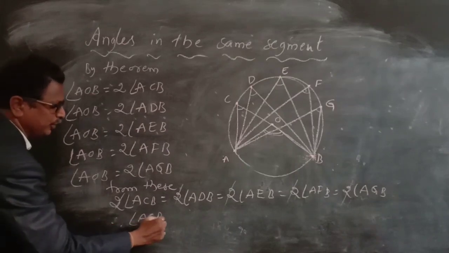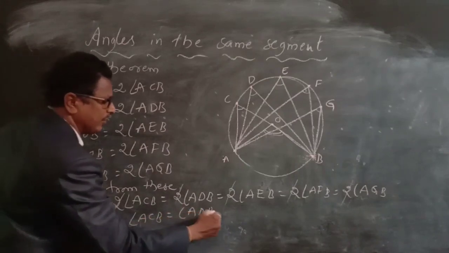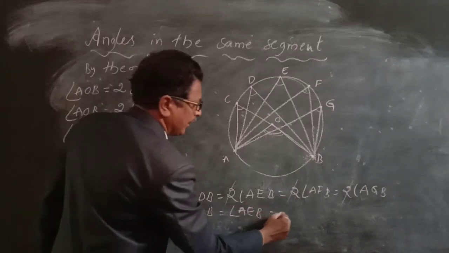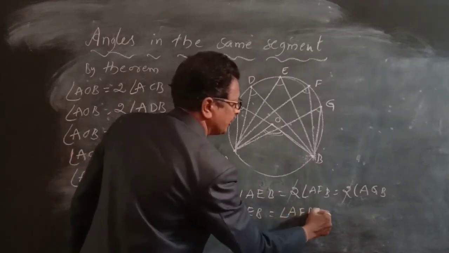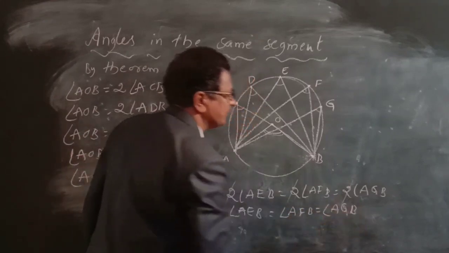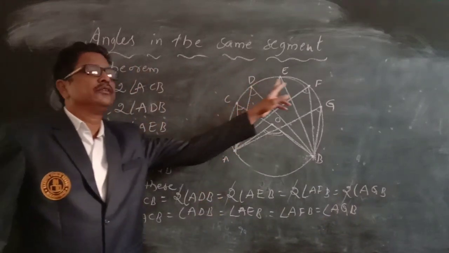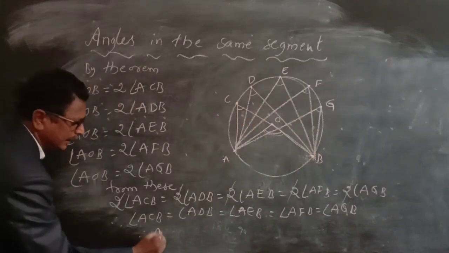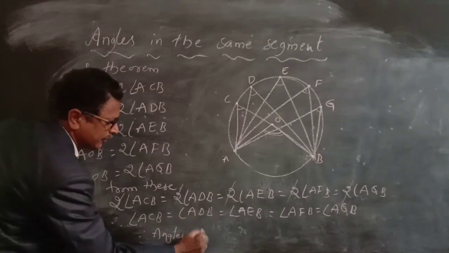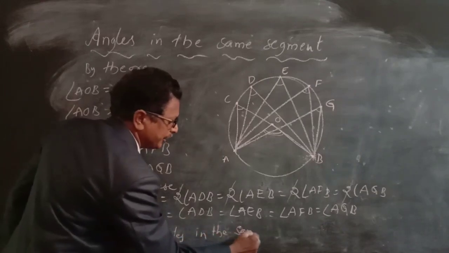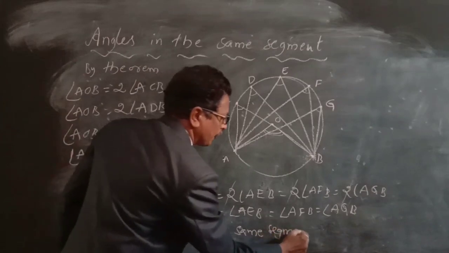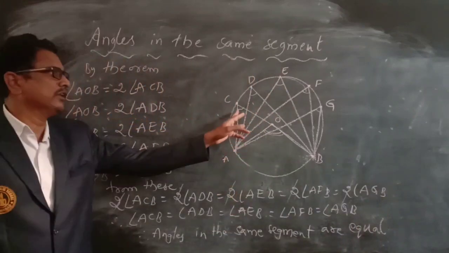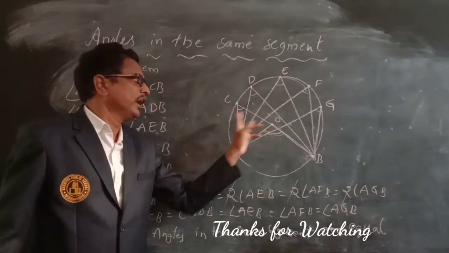Therefore, angle ACB equals angle ADB equals angle AEB equals angle AFB equals angle AGB. Means what? Angles in the same segment are equal. So keep in mind, angles in the same segment are equal.